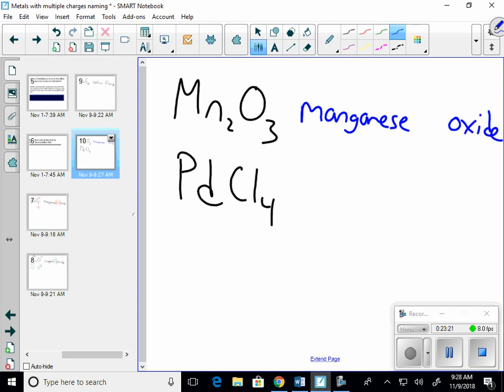Again, I like to leave a little space between the metal and the non-metal. If I don't need to put a Roman numeral in, I'm already done with the question. But we've seen in a previous problem that manganese is a metal with more than one charge, so we need to include its middle initial.